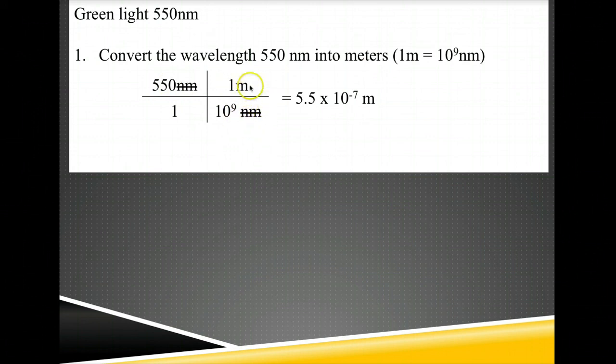We're going to meters, so that goes on top. Then we put in our conversions. 10 to the 9th goes with nanometers. 1 goes with meters. So nanometers cancels nanometers. And when you divide this out, you get 5.5 times 10 to the negative 7th meters. And that's going to be our wavelength.